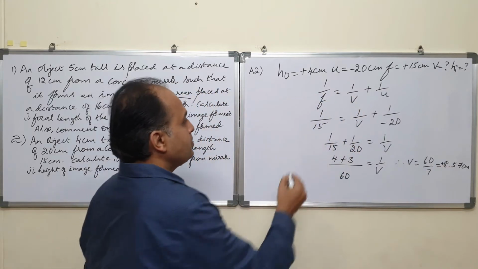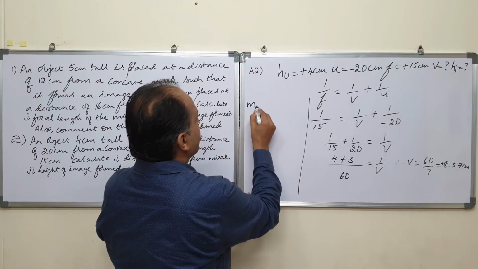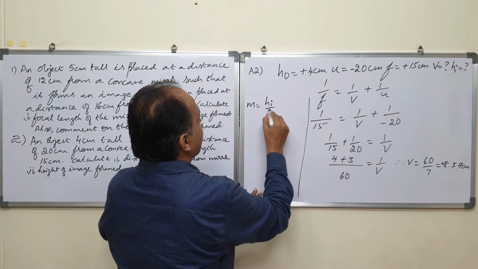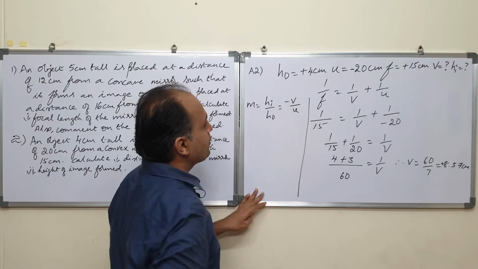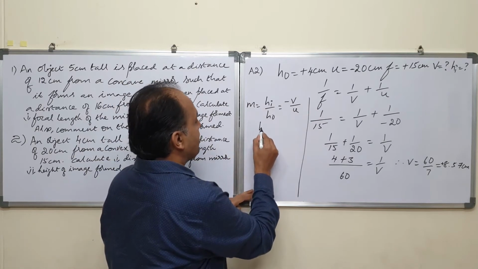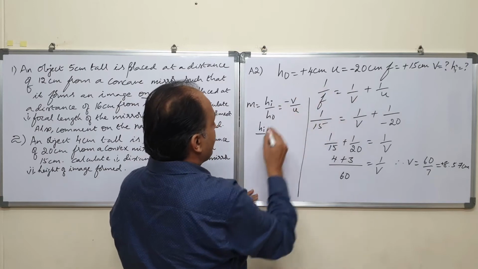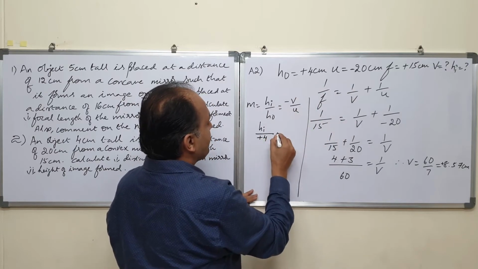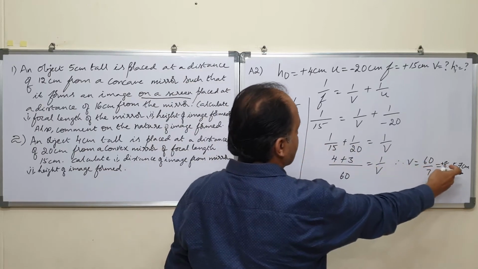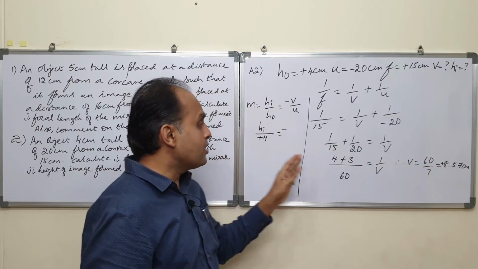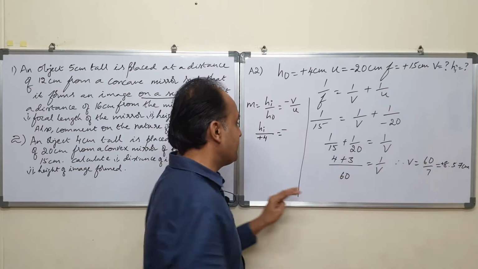Now, let us find out the height of the image. For that, m is equal to hi by ho, which is equal to minus v by u. Height of the image is something we need to find out. Height of the object is given as plus 4 centimeters, that is equal to minus v. We got 8.57, but I am not going to take that because it is a non-terminating decimal. So I will take the fraction instead.